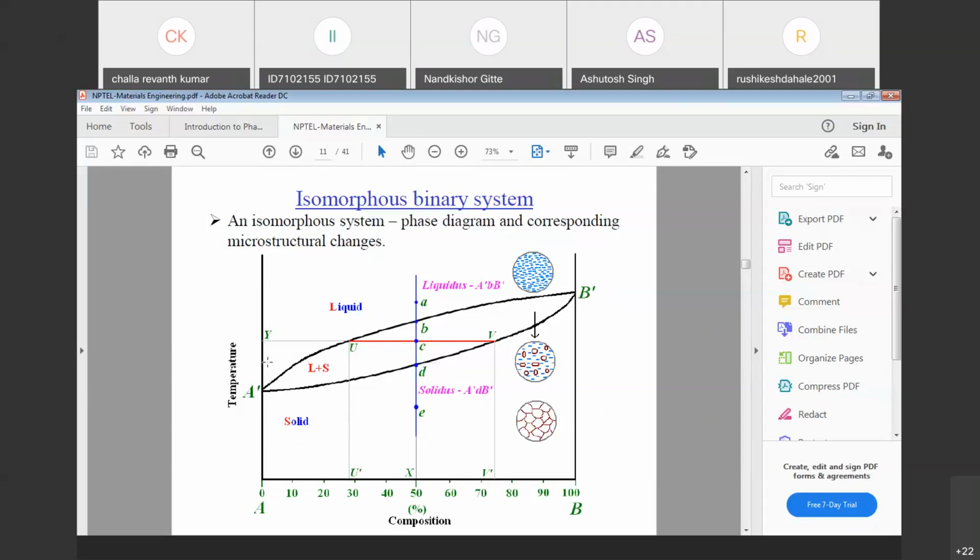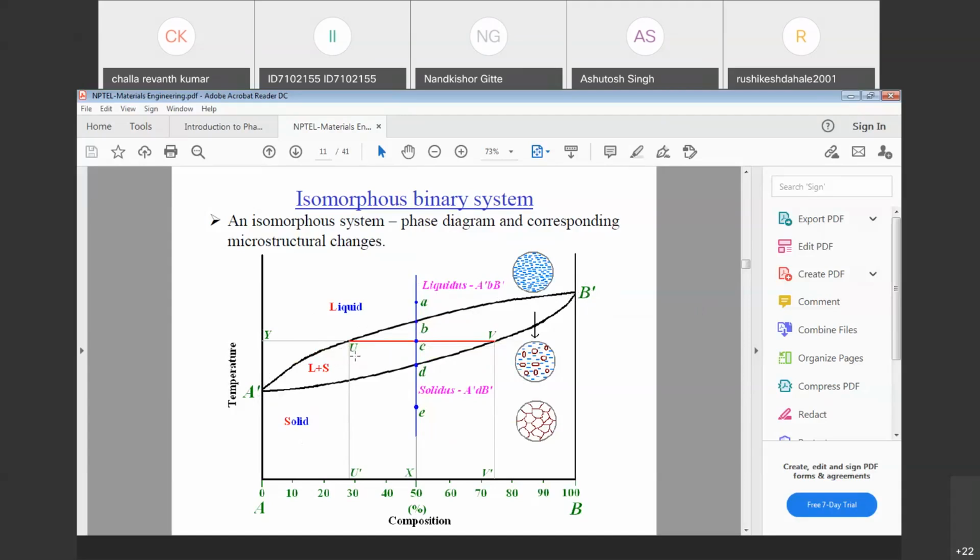After this upper line of the graph, all the part is liquidus. That's why it is written A dash, B and capital B dash. So it is called the liquidus because above this line, all the phase is in liquid form.